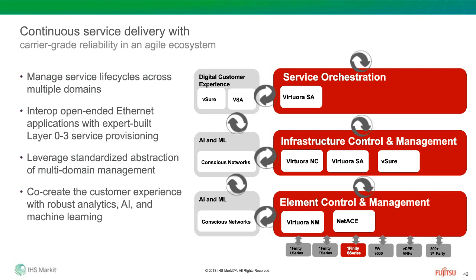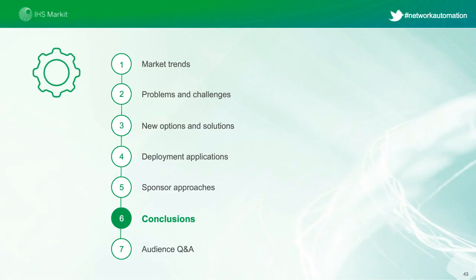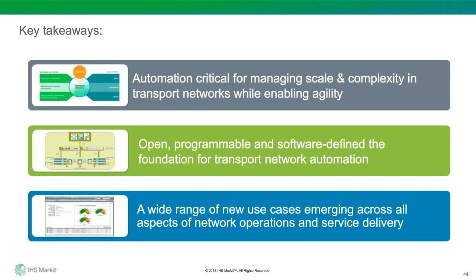All right, so with that, we reached the conclusions. Just before I step in to wrap up the session, I want to encourage you to submit any questions you may have into that Q&A interface. To wrap up, here are some key takeaways from the session today. Automation is very critical for managing scale and complexity as we move forward in the evolution of transport networks.